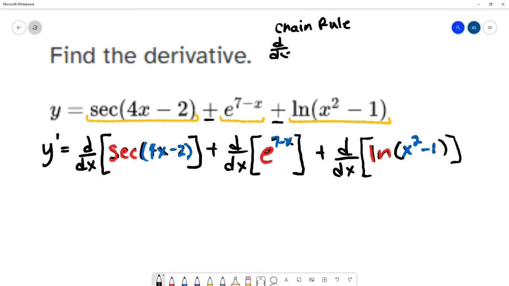The chain rule. So with the chain rule, let's write down what that rule is so that we understand it. The chain rule deals with the composition. And the composition is when you have one function substituted inside the other function. So modeling what we have in our examples here, you have an outside function and you have an inside function.